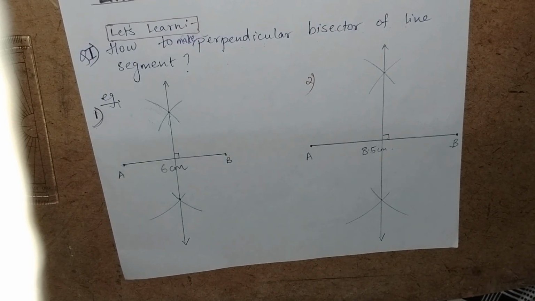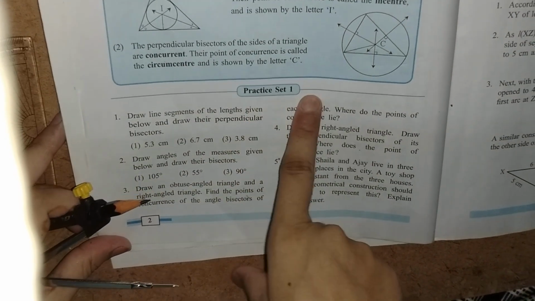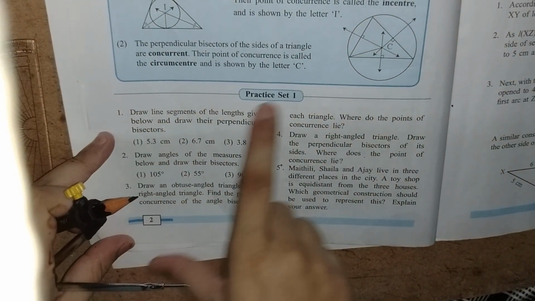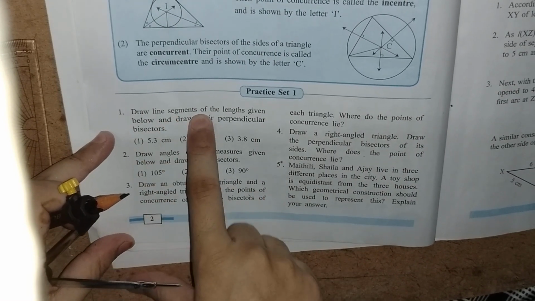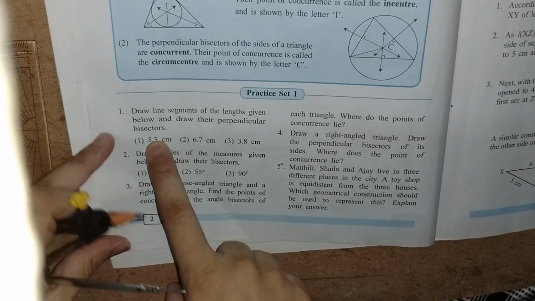As you can see, practice set 1. The very first part of your exercise is what? Draw line segments of the lengths given below and draw their perpendicular bisectors.